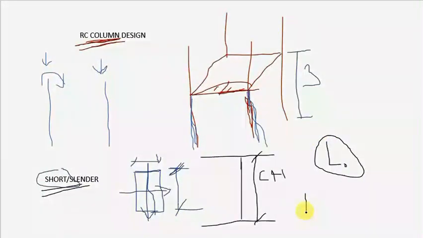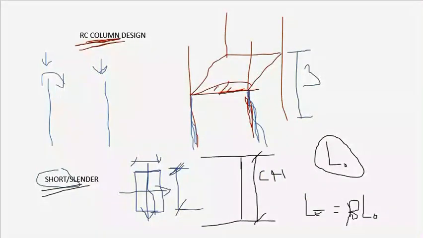Effective length is simply the effective length factor, called beta in this case, multiplied by the clear height.